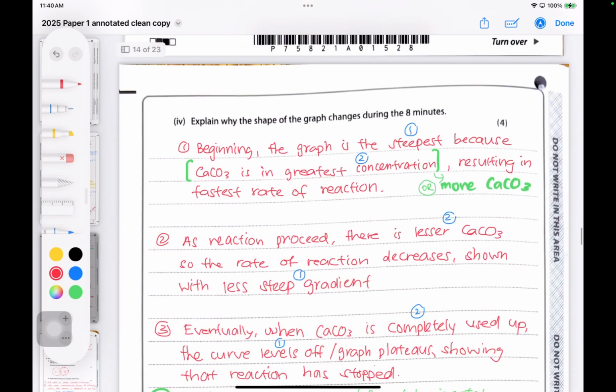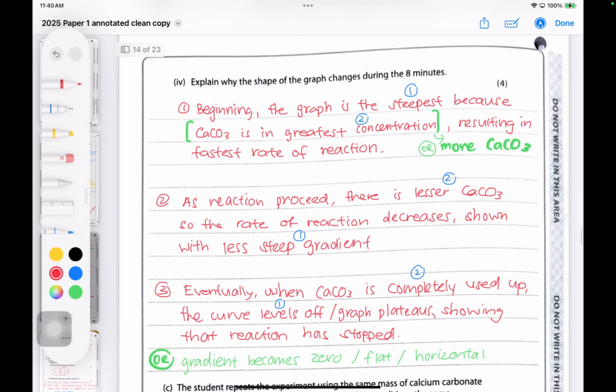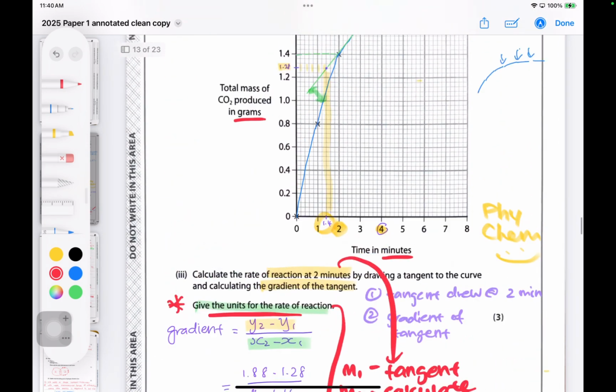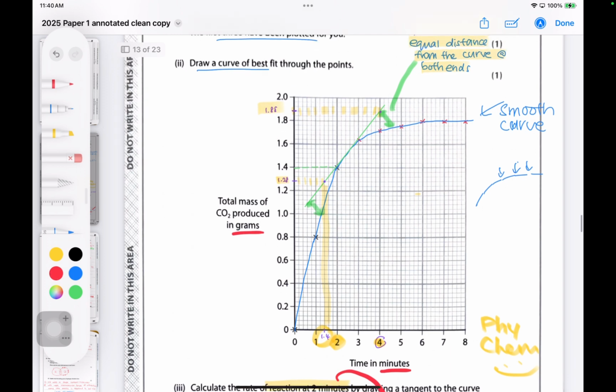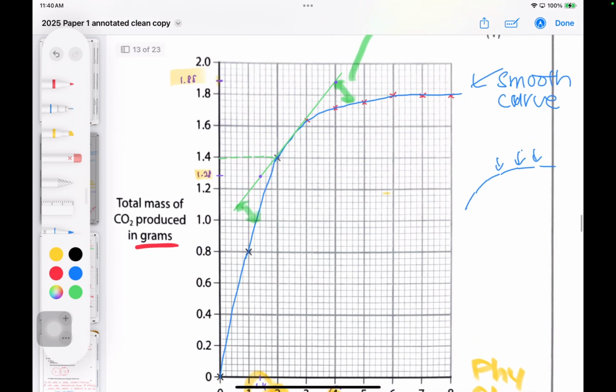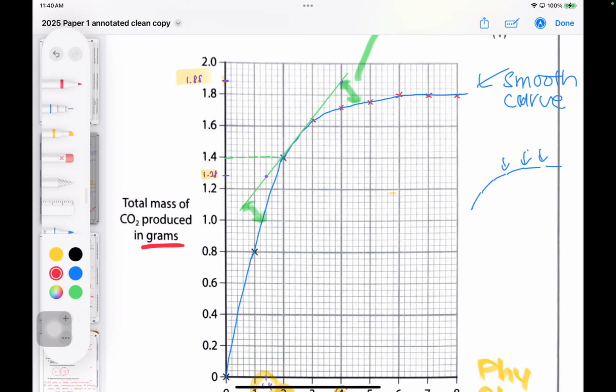Okay? Alright. Then we have a longer question here asking you for the shape of the graph during these 8 minutes. If I go to the graph, I'm going to take away all those annotations so it won't disrupt your visuals. We split the graph into 3 sections. The beginning, which is the steepest.